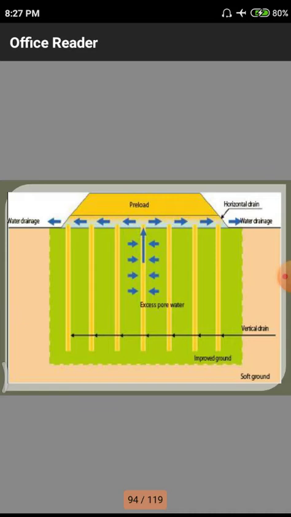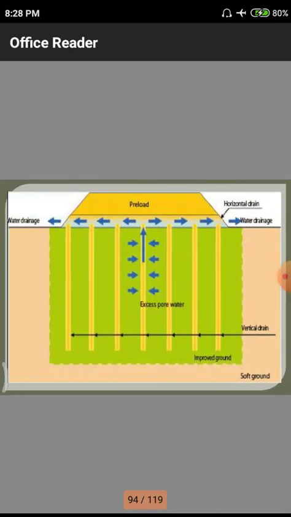Simply, that mechanism is applied in preloading techniques to remove the water present in the soil, and small drains are constructed so that by using those drains the water will be drained off easily.